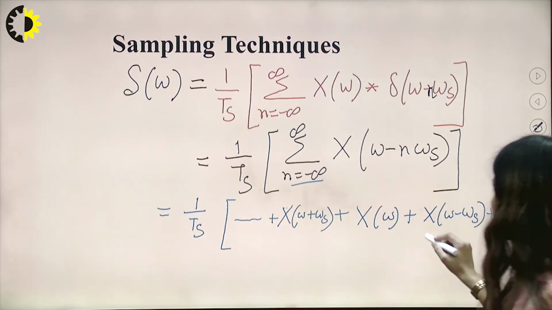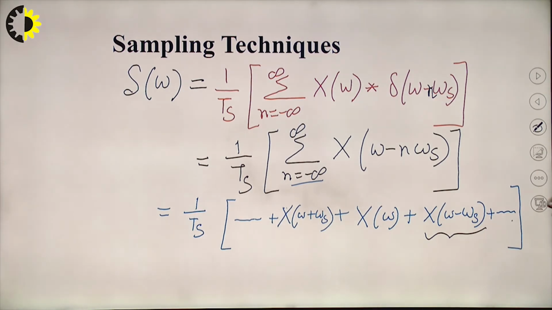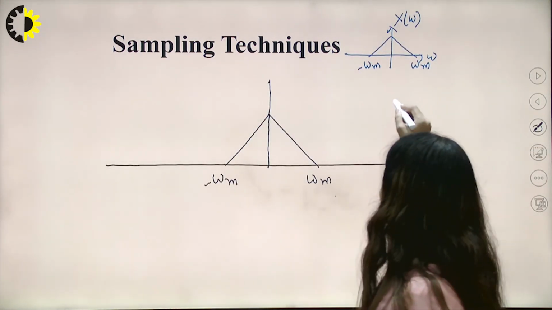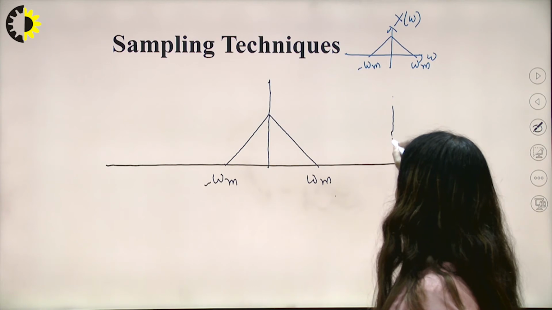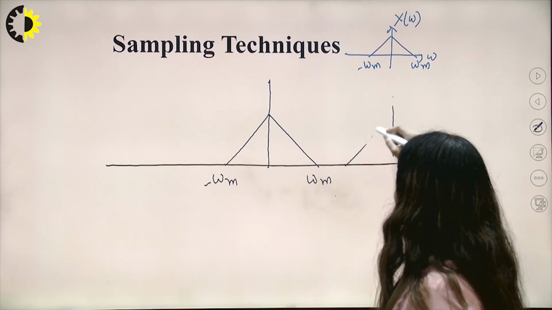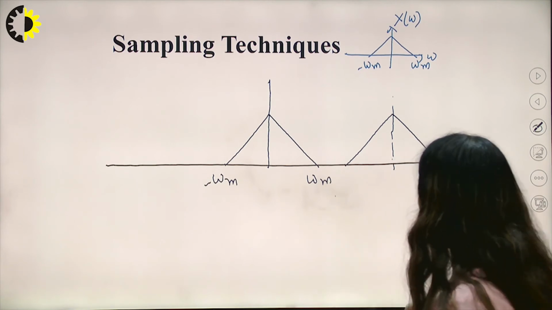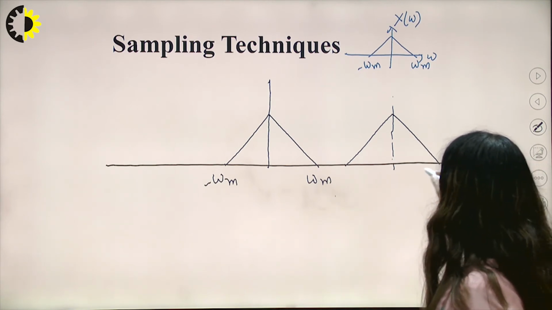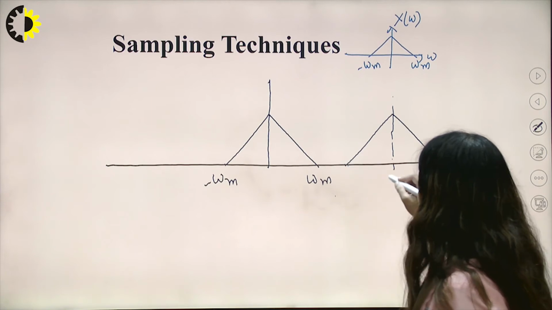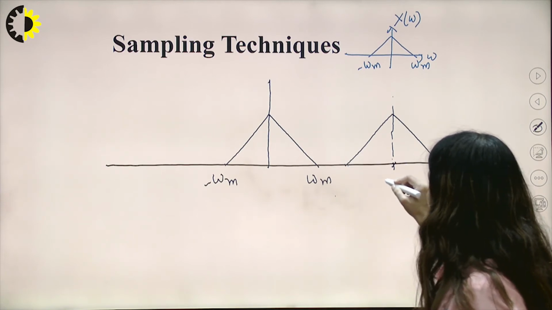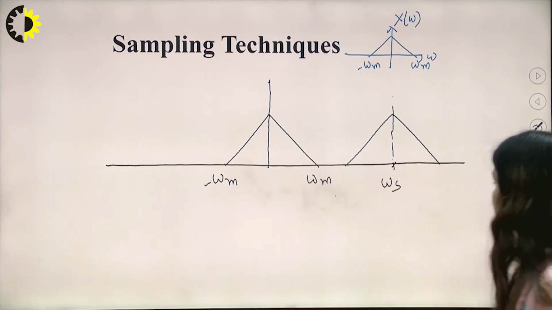Now this is shifting towards right, omega minus omega s. This midpoint is omega s. Why?